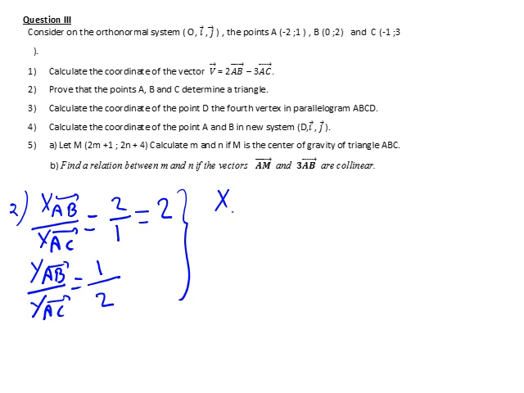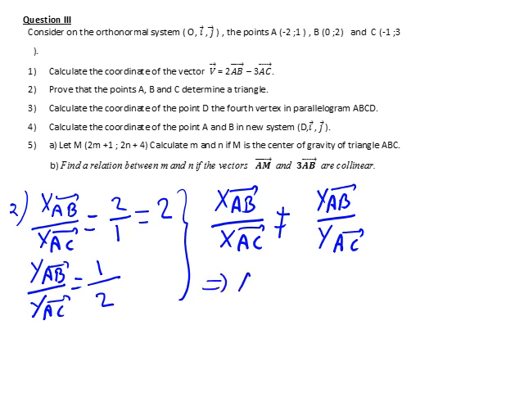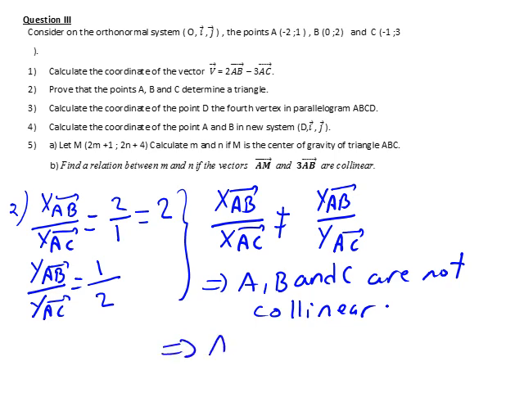Notice that x of AB over x of AC does not equal y of AB over y of AC. So A, B, and C are not collinear. So we deduce that A, B, and C determine a triangle.